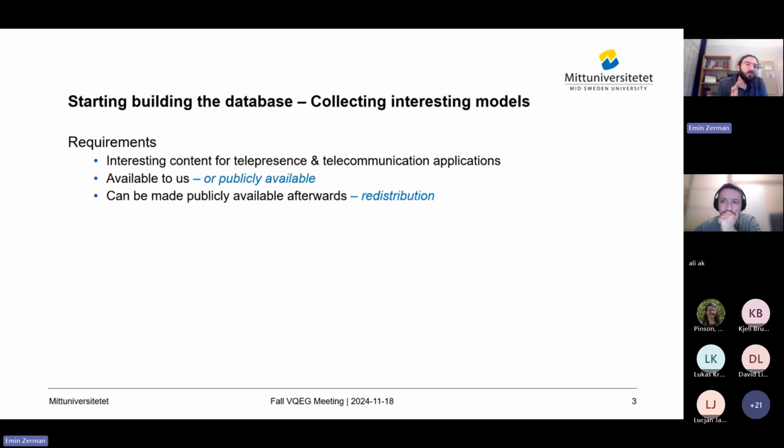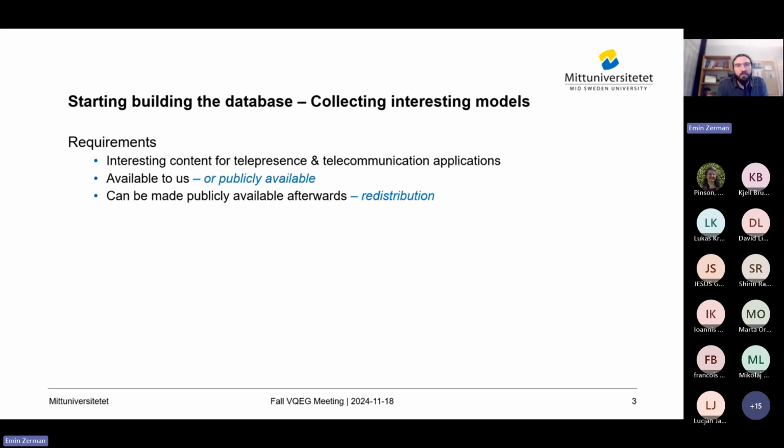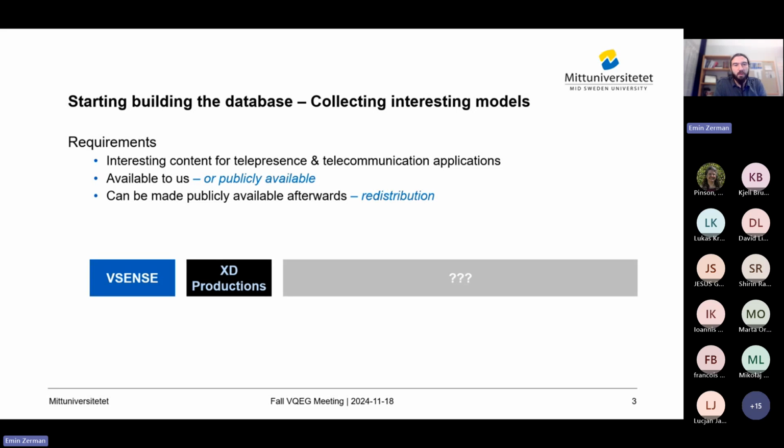Sorry, not real-time, that would have been wrong. Of course, it would have been really nice to have real-time applications as well, but that's perhaps not still possible. Anyway, we wanted to collect interesting models, and our requirement was that they need to be publicly available, or can be made publicly available afterwards, so that we can redistribute them in a data set format.